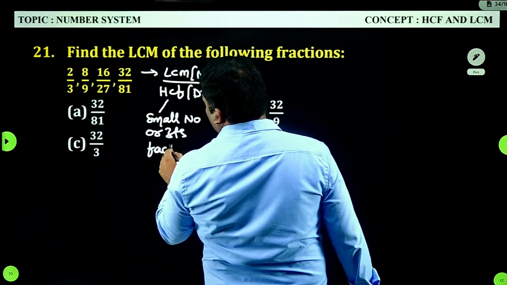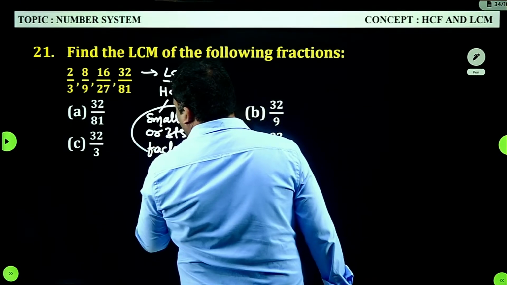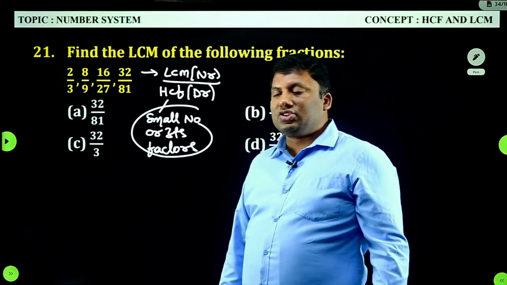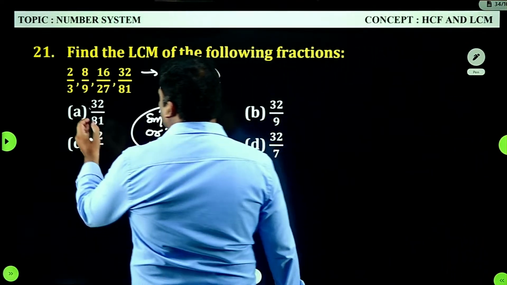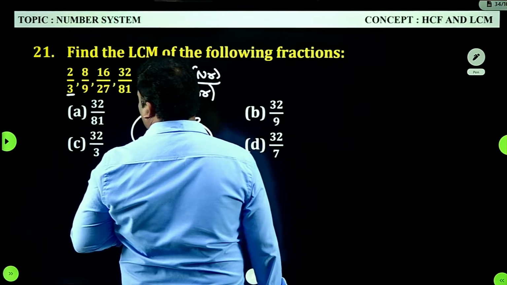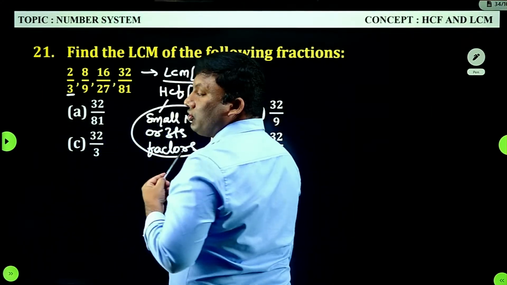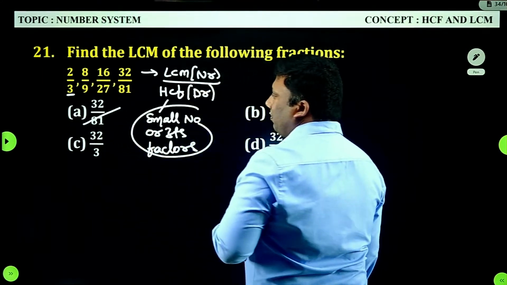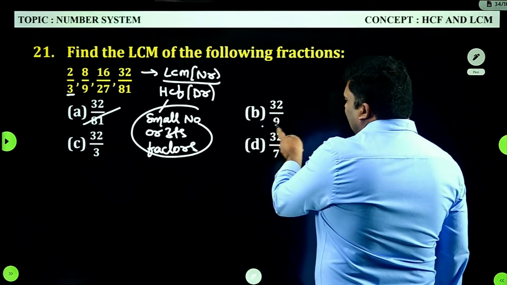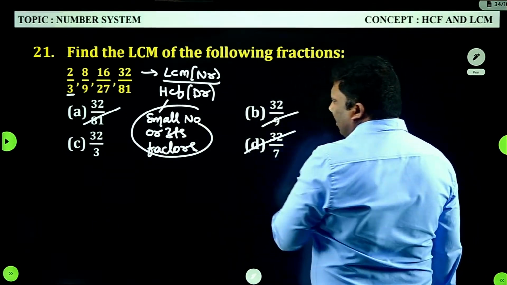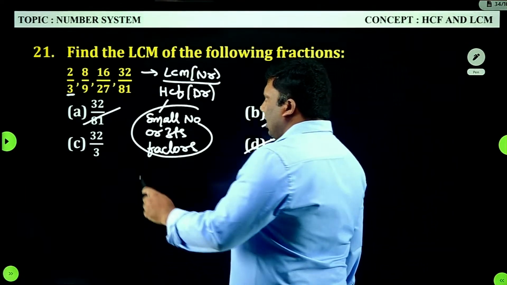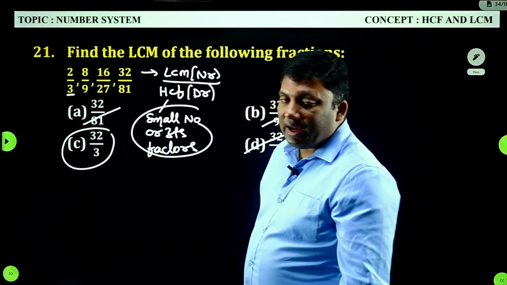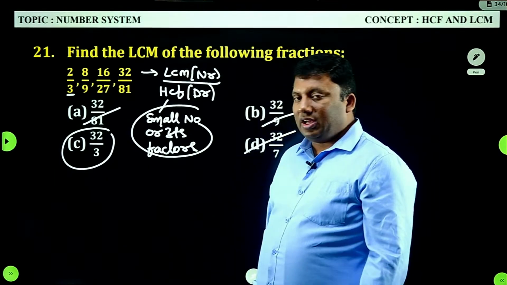Whenever you are finding HCF, you will take the smallest number or its factors. The smallest number is 3. The denominator should have 3 or the factors of 3. 81 is a multiple of 3, 9 is a multiple of 3, 7 is not divisible by 3. Answer is 32 by 3.